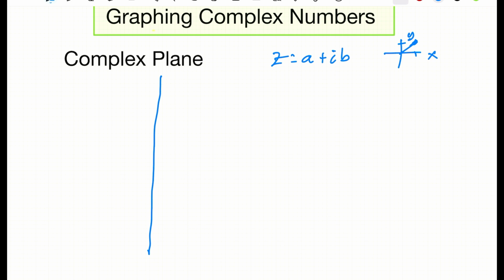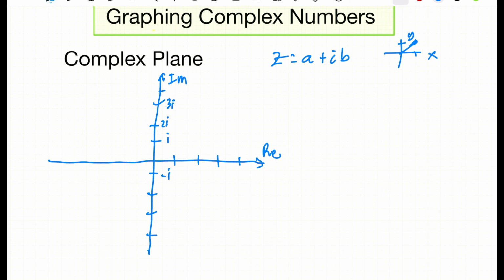What it is, it looks like just your standard XY coordinate system, except it's labeled differently. This is going to be the imaginary axis, and this is the real axis. So what you do is, on what used to be your y-axis, it's going to be i, 2i, 3i, on and on, minus i, minus 2i, minus 3i, and then on and on.